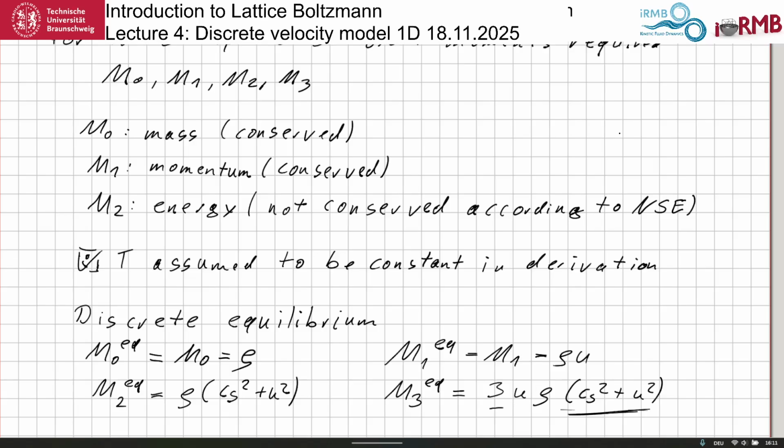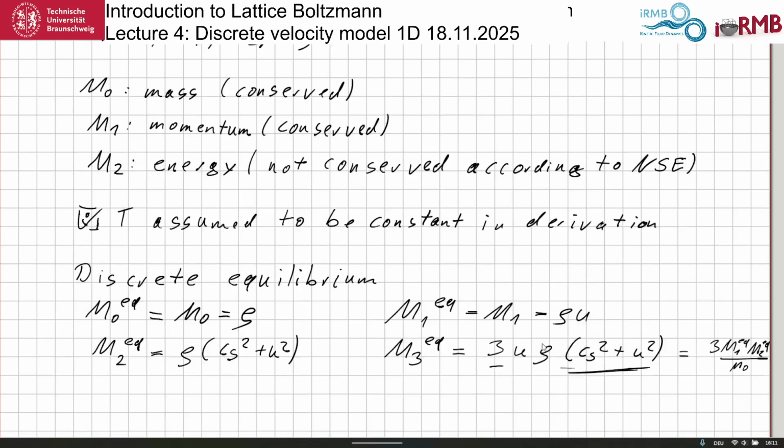This is why we end up with a 3 rho u CS squared. So basically this is 3 times M1 equilibrium and M2 equilibrium divided by M0, because there are 3 ways of adding this. So anyway, this is what comes out.